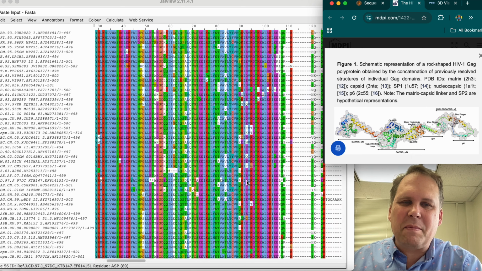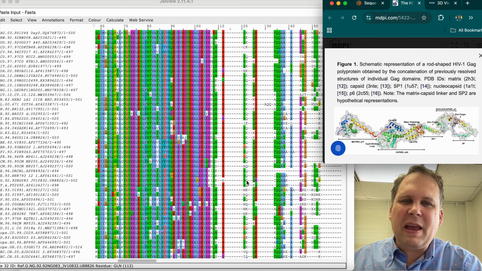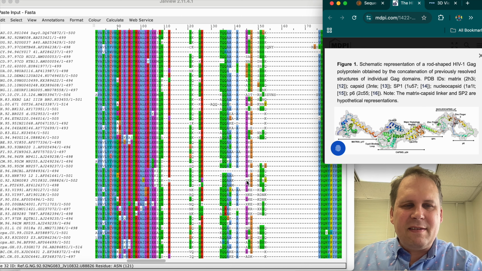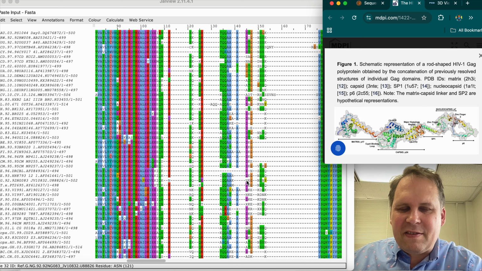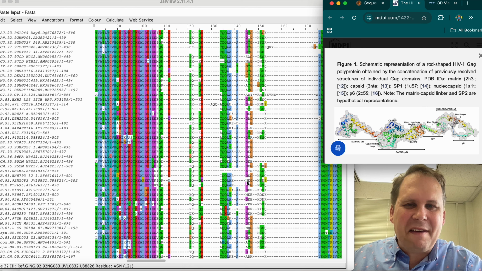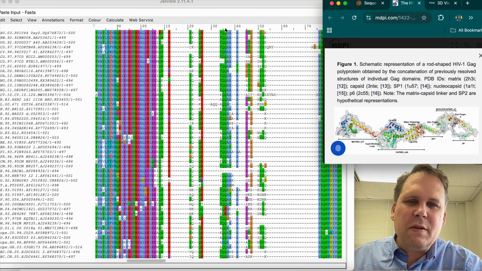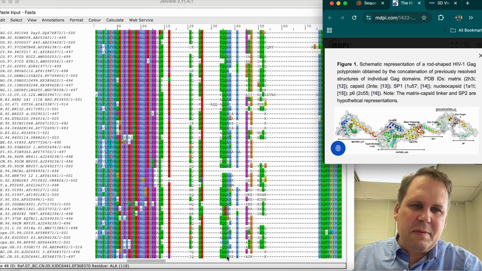All right, so we've got the G2, that's the position of the myristylation, and here is our matrix domain. And you can see the matrix domain goes up to right about here. And then you're thinking, there's a cleavage site, right? There's a cleavage site after the matrix. And I'm like, yeah, of course there is. And the cleavage site is going to be a Q, which is a glutamine, followed by a small amino acid.